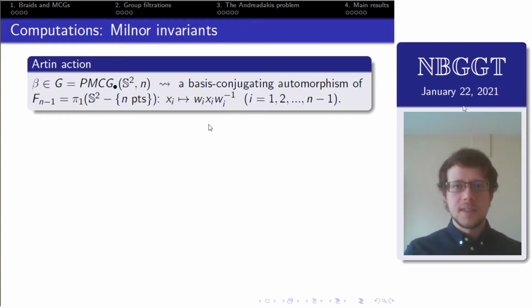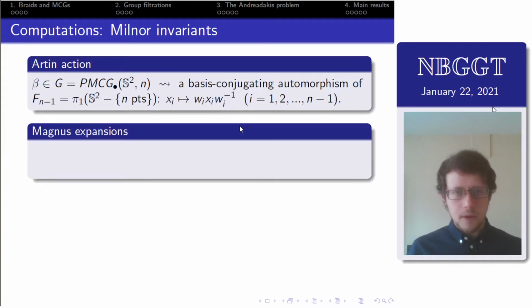So this gives you elements Wi of the free group, and I must say that if you have a geometric description of your element beta, then getting this basis conjugating automorphism is an easy thing to do.